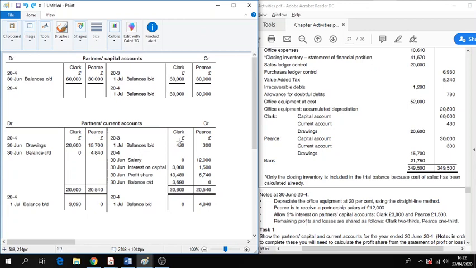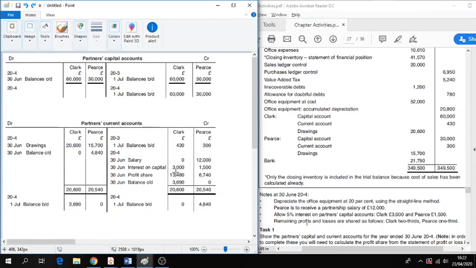Look at Clark. Okay, he's started off with 430. He's had some interest in capital. He's had a bit of profit share. Sorry, yeah, he had an opening balance, interest and capital, profit share. So he's got about 17,000 for himself, right?